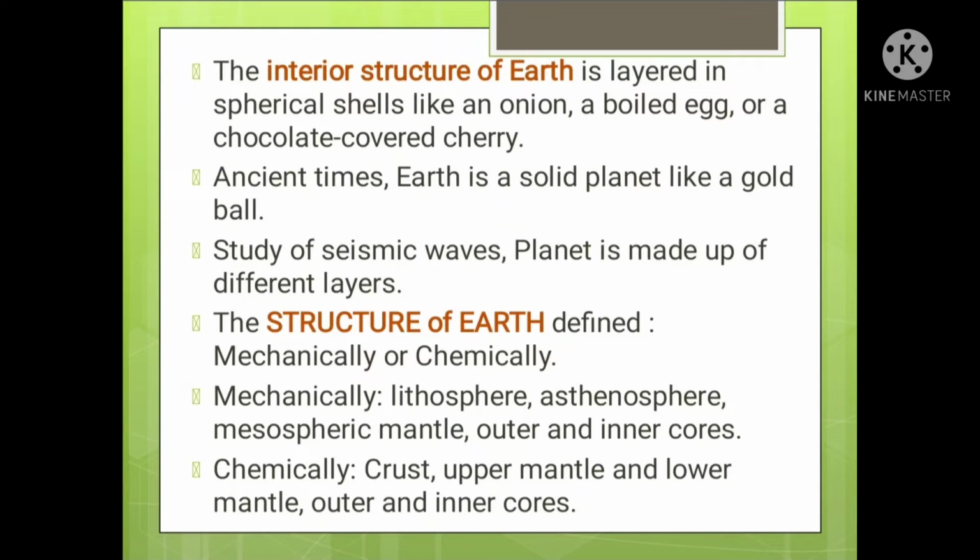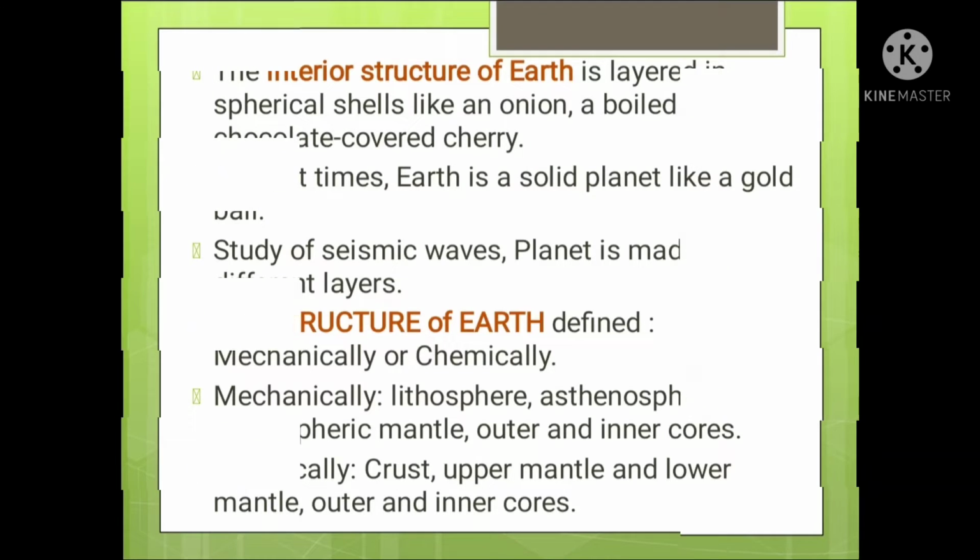Mechanically, it is composed of lithosphere, asthenosphere, mesospheric mantle, and outer and inner cores. Chemically, it is composed of crust, upper mantle and lower mantle, and outer and inner cores.